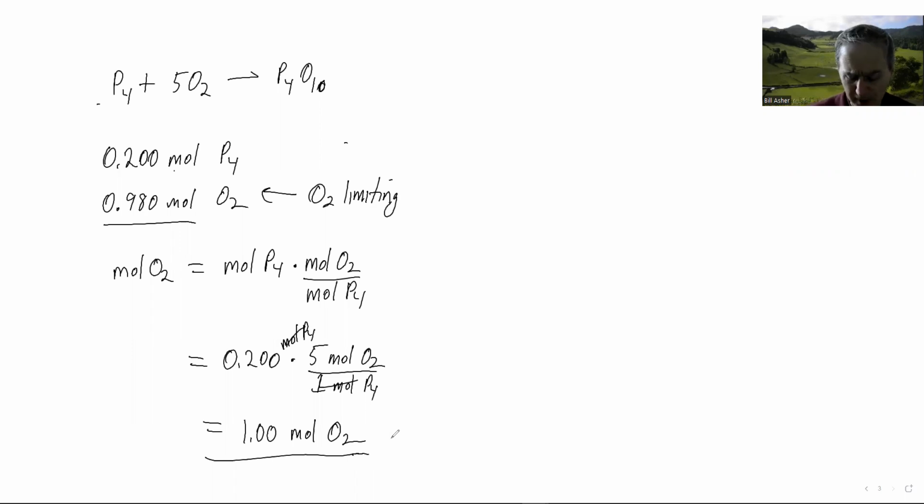So now we have to figure out how much P4 will react with this much oxygen. So we want to know moles of P4 that will react with 0.980 moles of O2, right?